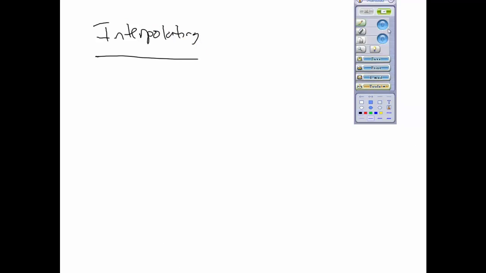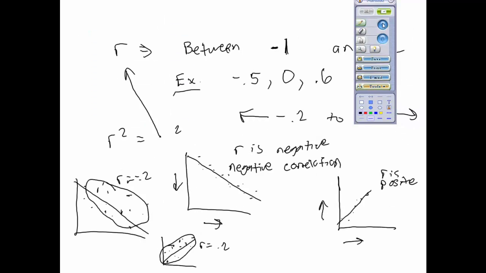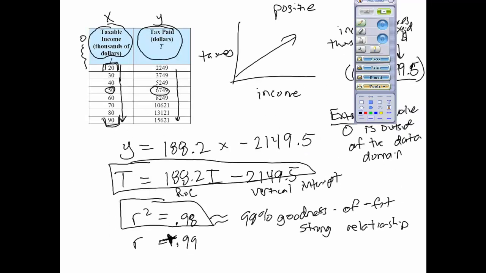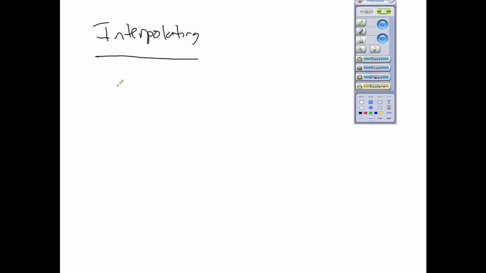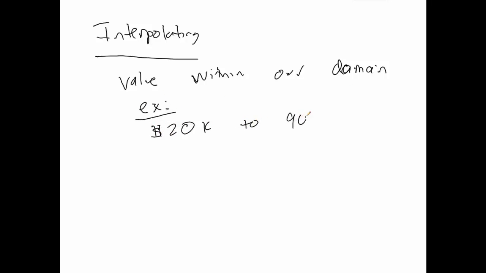Interpolating is the same idea as extrapolating, except it's a value within our domain. For example, we know that our domain runs from $20,000 to $90,000.